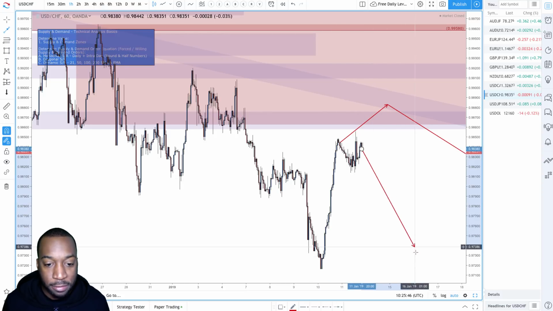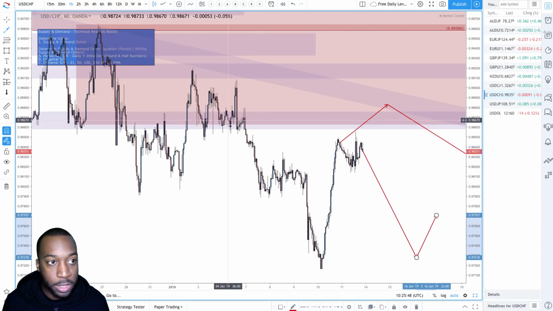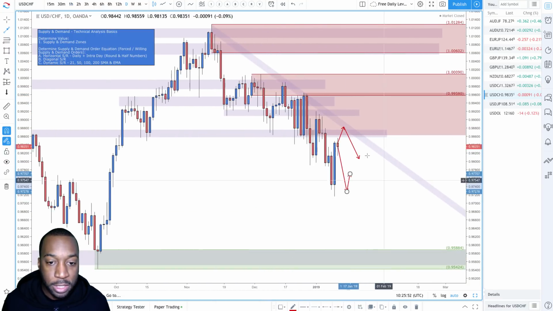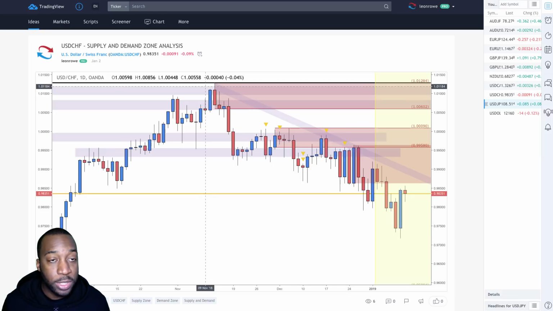So on an intraday time frame, decent, but from a daily perspective, what I want to see is prices make a new high before choosing to get in long. So that's the dollar Swiss.